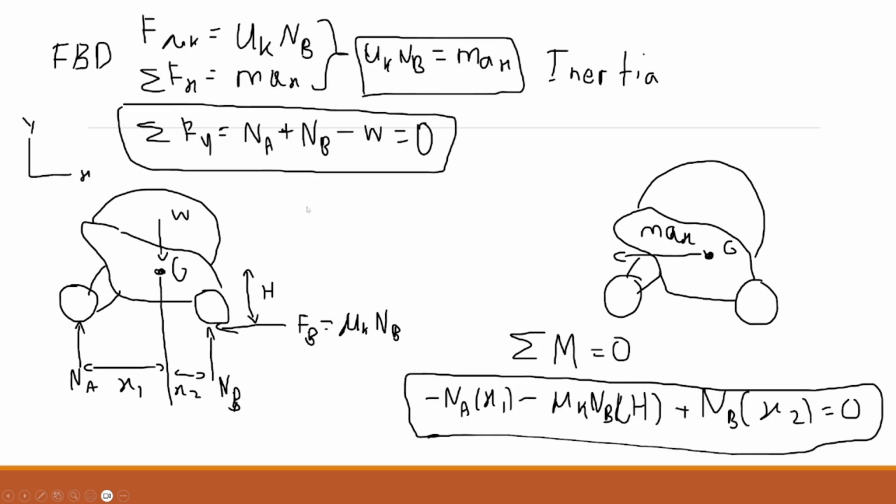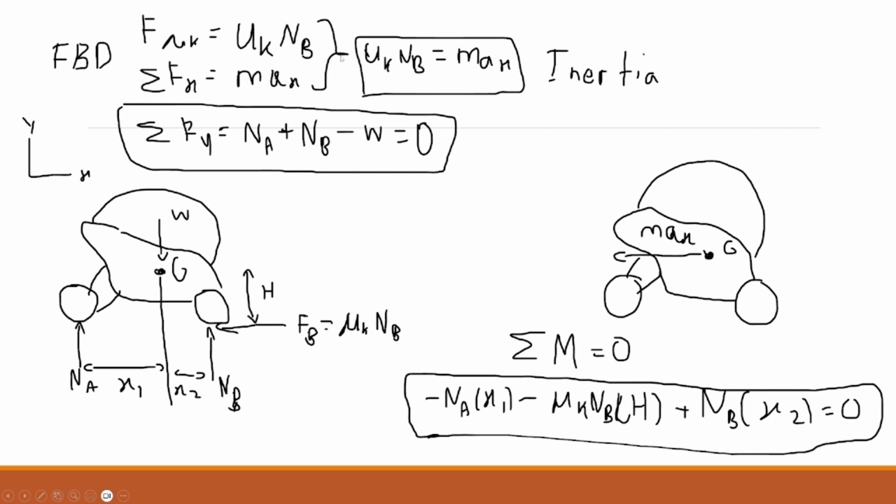Once we have the free body diagram, we can write out our equations of motion. First off, the force of wheel B is the same as the friction force, which is mu times the normal force of B, and in the x direction it is the mass times the x-directional acceleration.